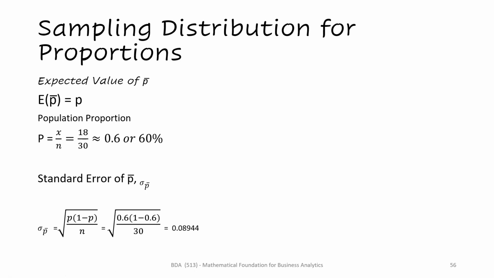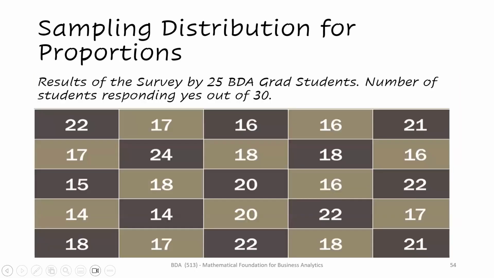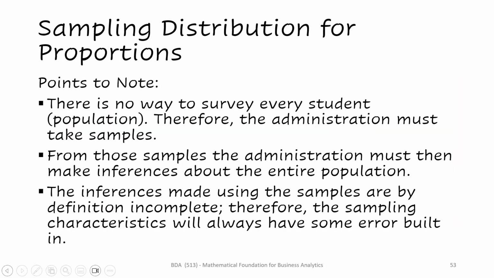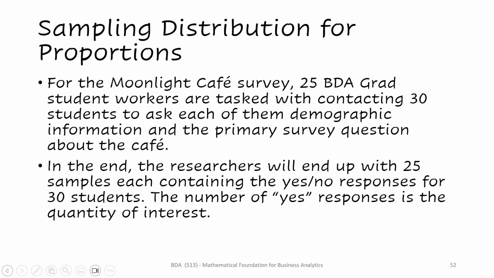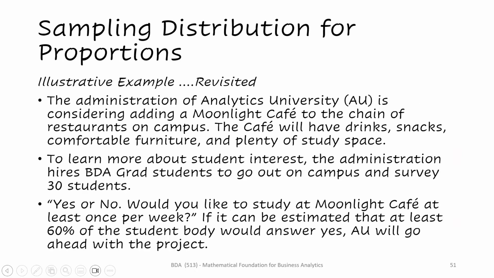Okay. The question said that if at least 60% of the students will go ahead with the project, then 60% of the 30 gives us 18. So that's where we started to work from. That was our threshold that we were working towards. Okay. Thank you.